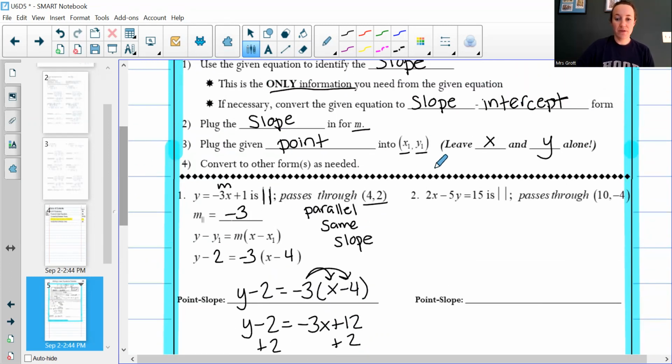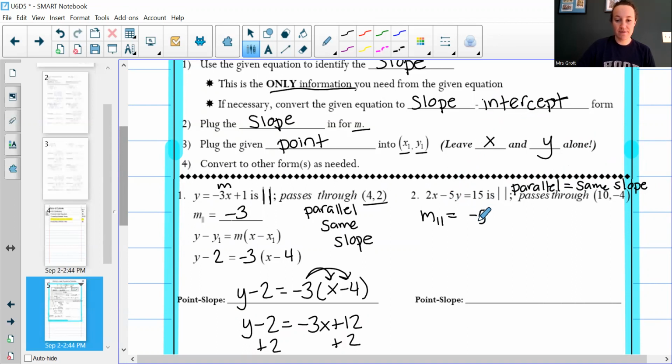The second one, we need to know what the slope is. Remember, we're looking for parallel, which means we want the same slope. So in order to find our slope here, we're going to have to do -2x on both sides.